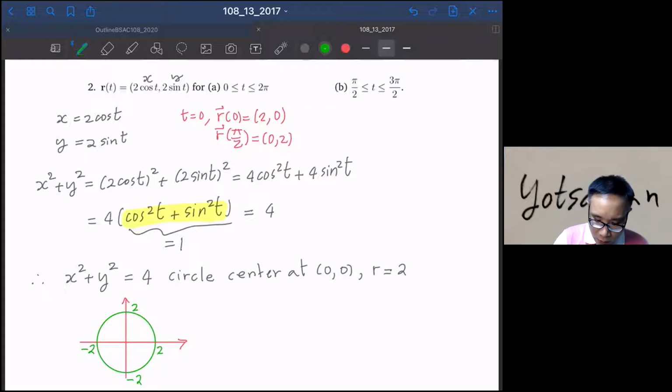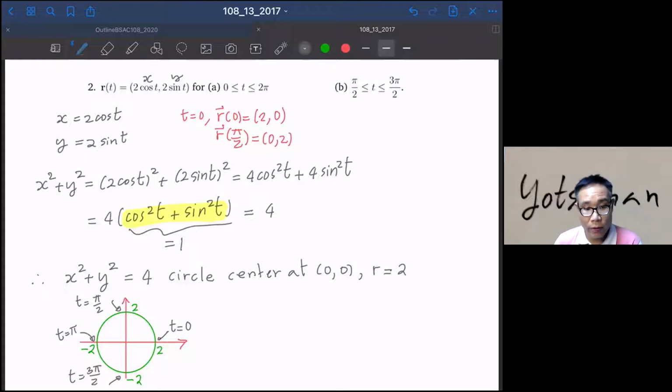And you see that you begin at t equal to 0, which is here at (2, 0). At this point, it's t equal to pi over 2. At this point, it's t equal to pi. And at this point, it's t equal to 3 pi over 2.